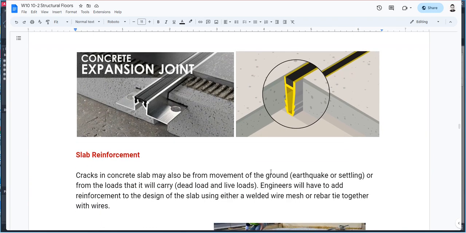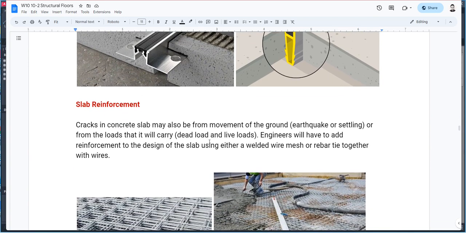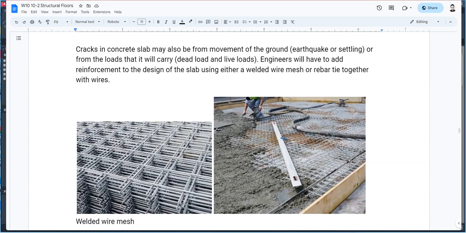Okay. Now let's talk about slab reinforcement. Slabs are prone to cracking because of shrinkage. Cracks can also appear because it wasn't designed well, and then the loads will basically break that concrete. Okay, and so slabs must be engineered to be strong enough to carry the loads it's supposed to be carrying.